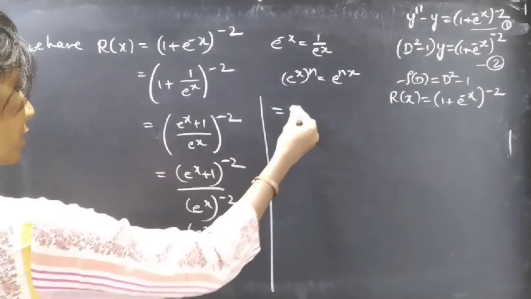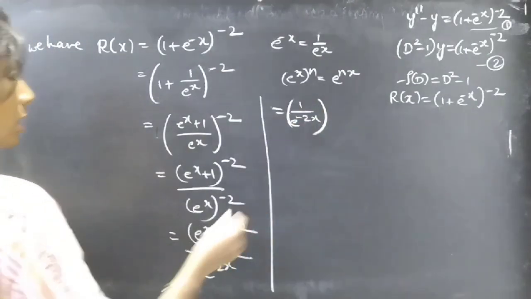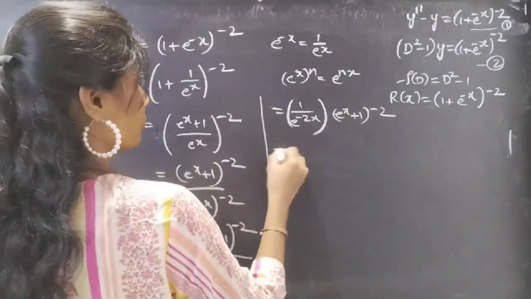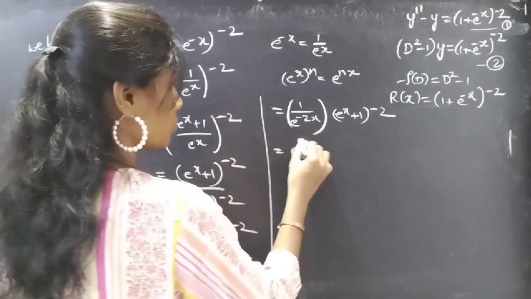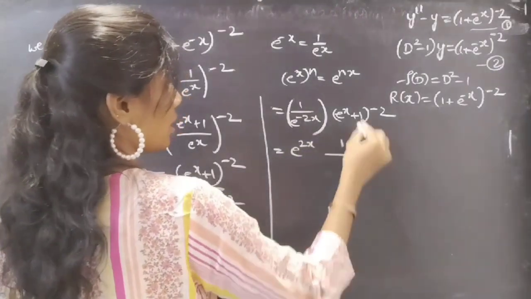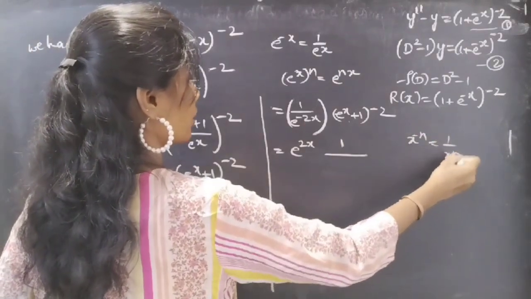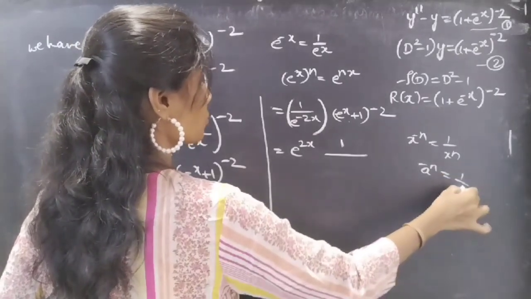Now let's split the fraction as 1 by e power minus 2x into (e power x plus 1) power minus 2. Since we know that reciprocal of e power minus 2x can be written as e power 2x, and we know that a power minus n equals reciprocal of a power n.